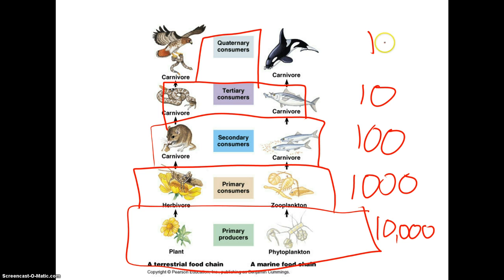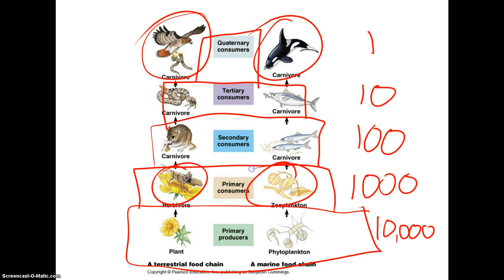Okay, now you'll see these numbers like this because not all the energy is getting passed to each level. You only get 10% of the energy to the next level, which is why these guys have to eat a whole lot more than the insects down here.